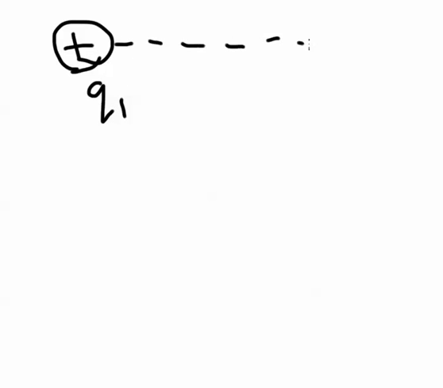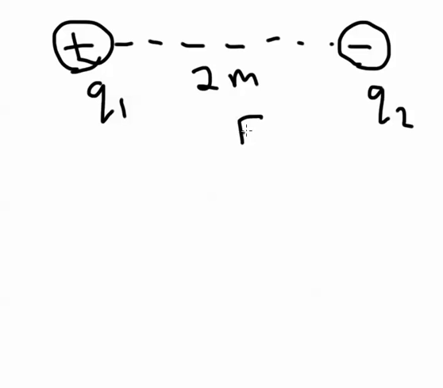So here's another example. Suppose there's a charge over here, which is Q1, and then over here there's another charge, which is Q2, and the distance between them is, I don't know, 2 meters. And then there's some force between the two charges.